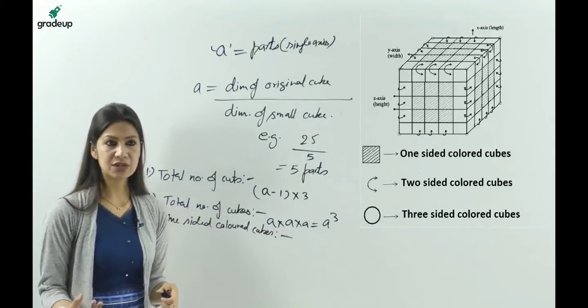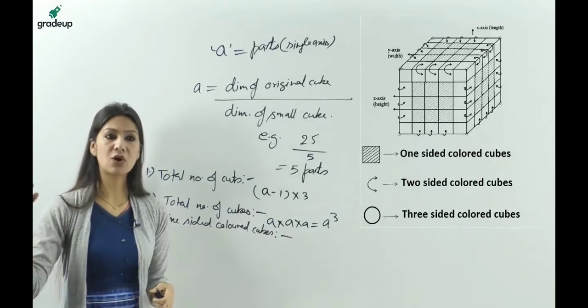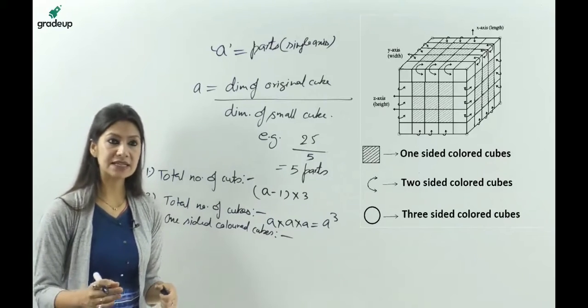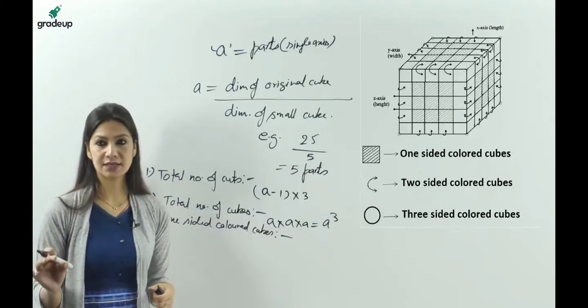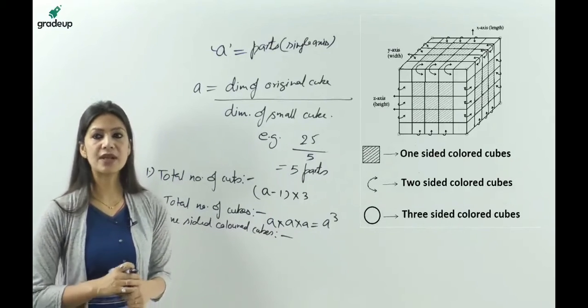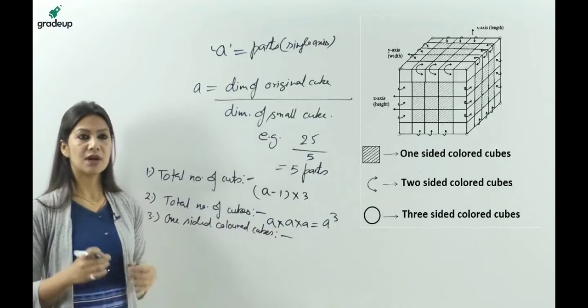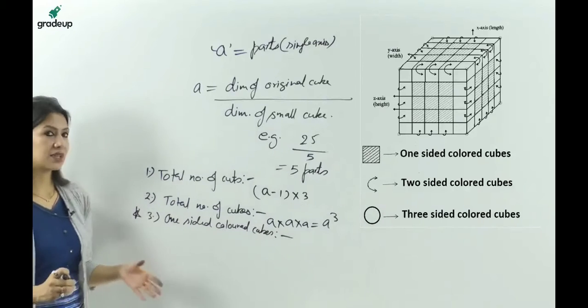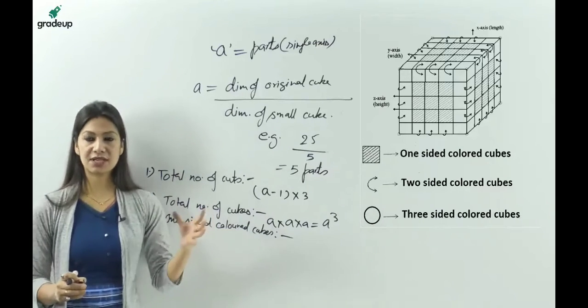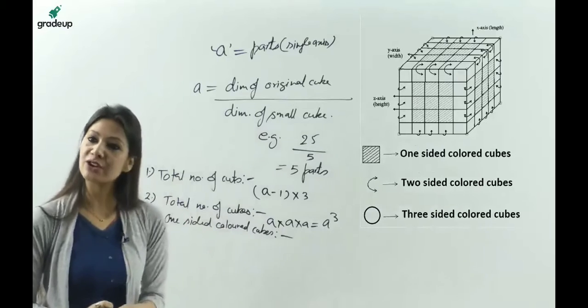Because there are only 3 things: the surface, edges, and the corners. Which one is needed for a one-sided colored cube? Yes, correct one.